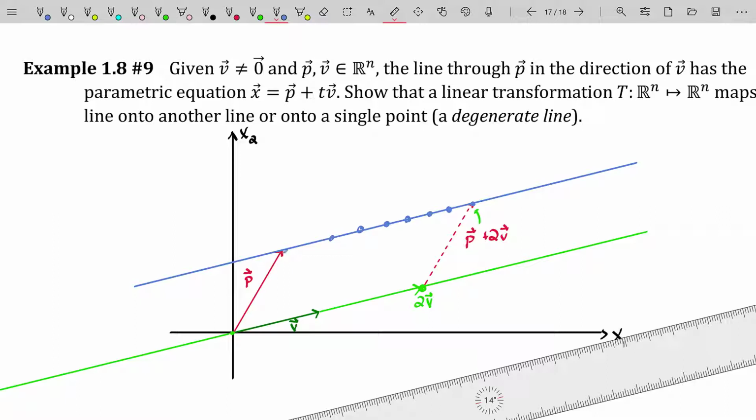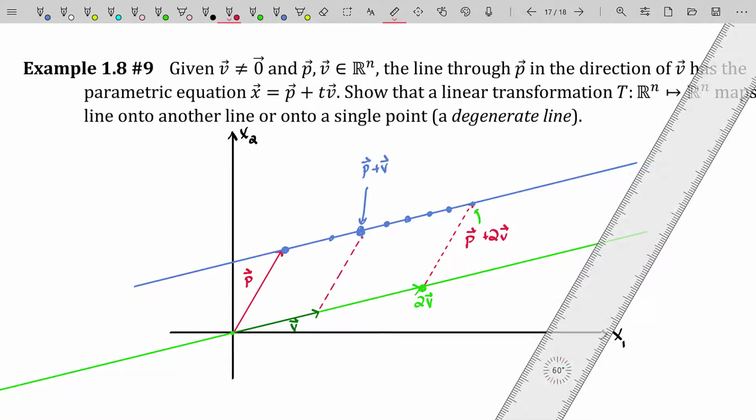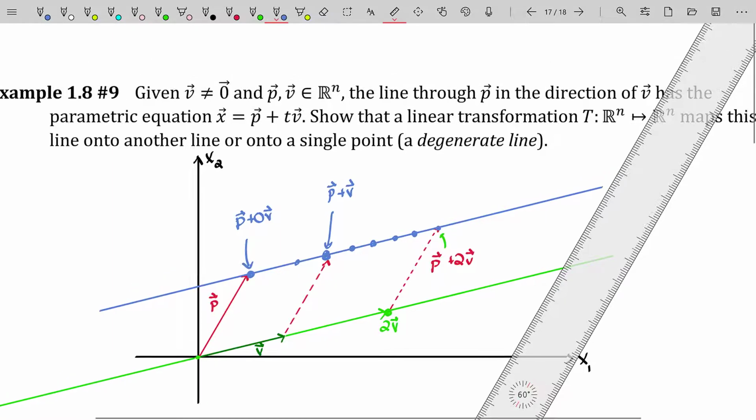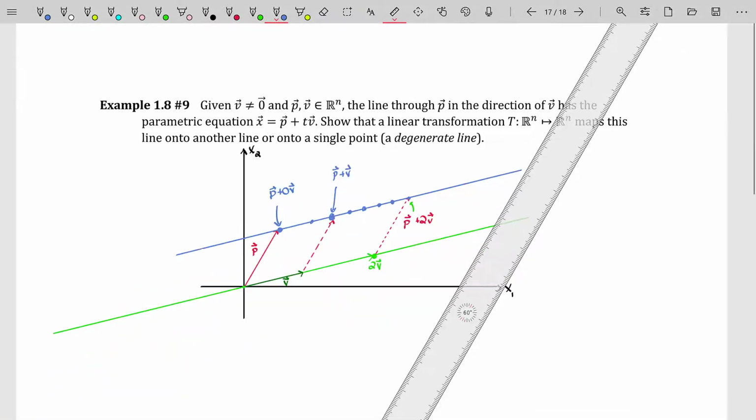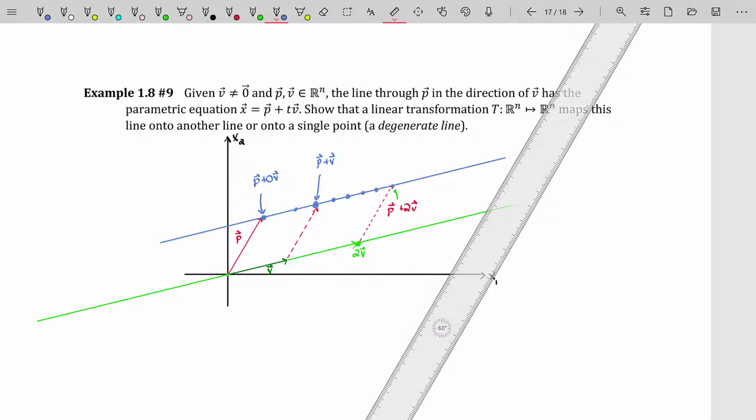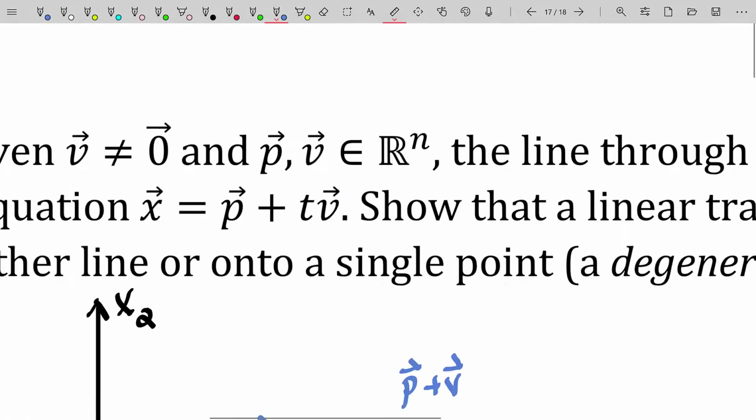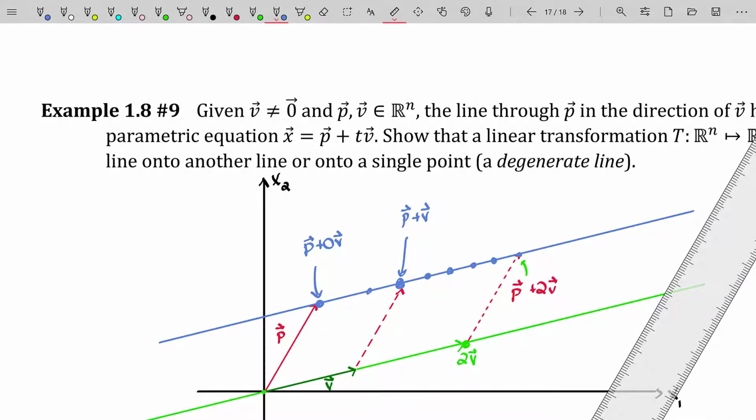This point right here is the vector p plus 1v. That's pretty darn close. I was just eyeballing that. The point right here is p plus 0v, and so on and so forth. So all of the possible values for p plus tv make up that blue line right there.